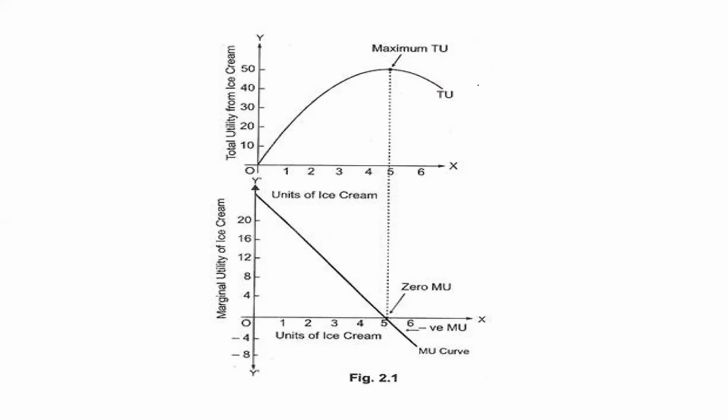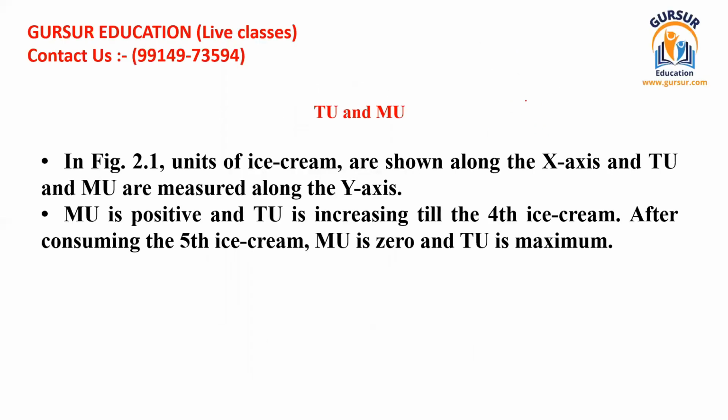This is the complete picture you have to create in your mind if the question is asked in the examination. This chapter tells you the relationship between total utility and marginal utility in detail, and only this description or this diagram would suffice to explain everything regarding the relationship between these two.